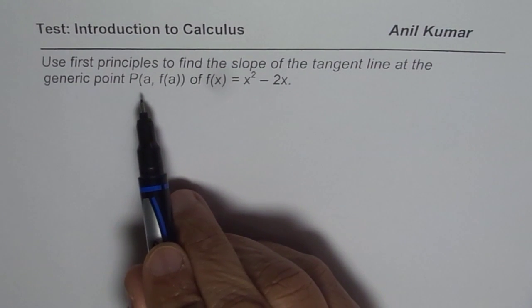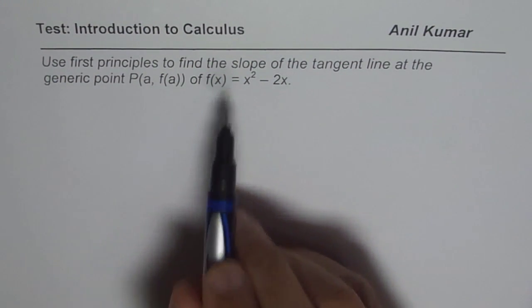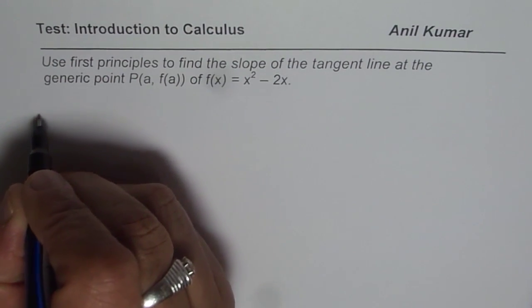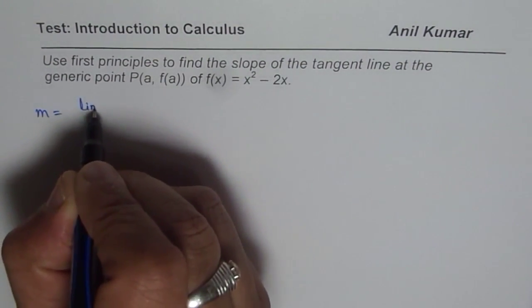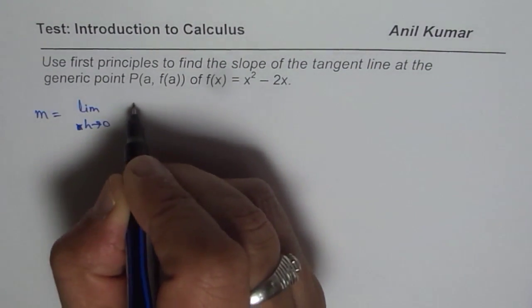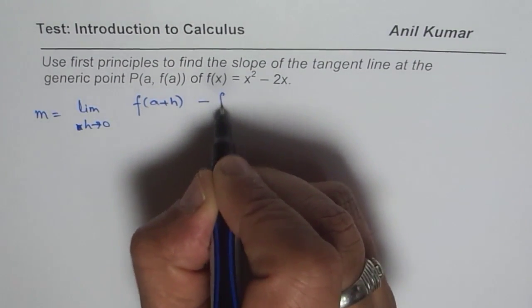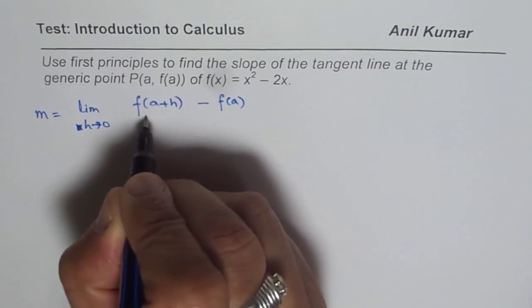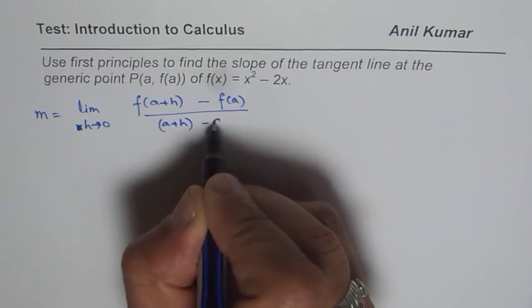So we are taking a point where the value of x is a, right? That is what it means. So using our definition of the limits, the slope of the tangent will be limit of, let's say, h approaches 0, of f of a plus h minus f of a divided by a plus h minus a, right?